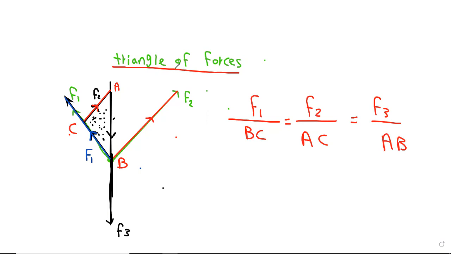Let's take an example about triangle of forces. Three forces of magnitude F1, F2, and 75 Newton, intersecting at one point, are represented by the line segments AB, BC, and CA of triangle ABC.